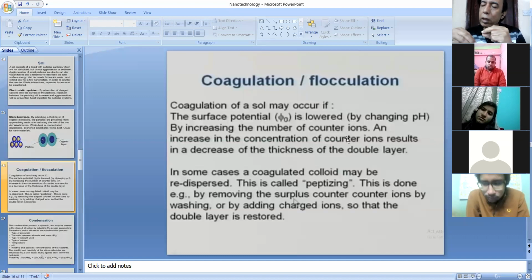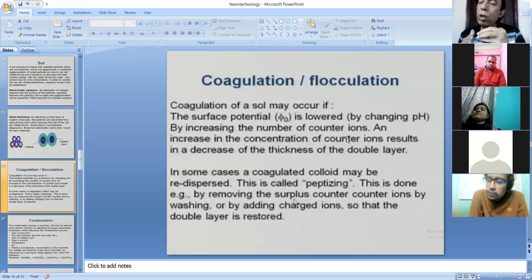The negative charge increases means it will react with the positive charge, and thus on the surface of the salt molecule, the surface potential becomes lowered. That means the amount of positive charge on the surface of the salt will be less due to the reaction with negative charge, that means hydroxyl ion.